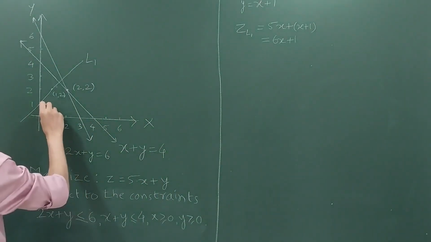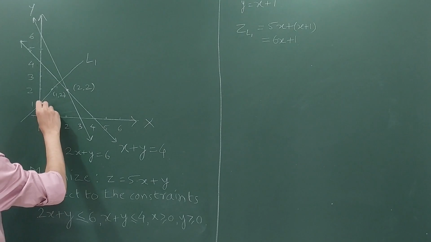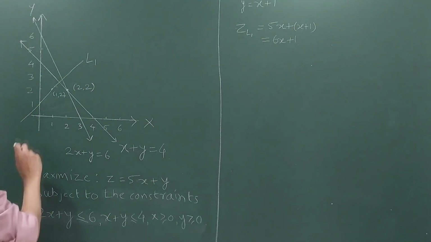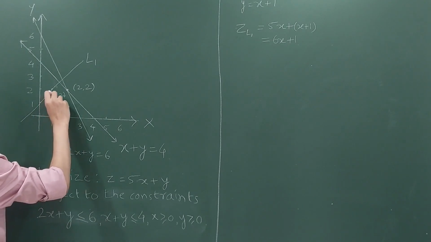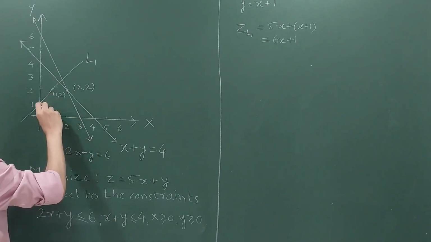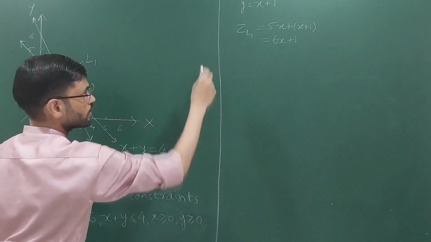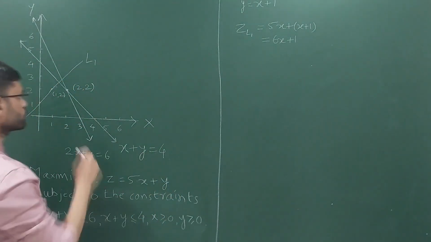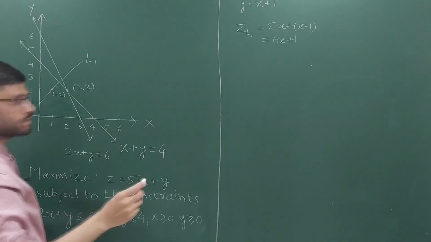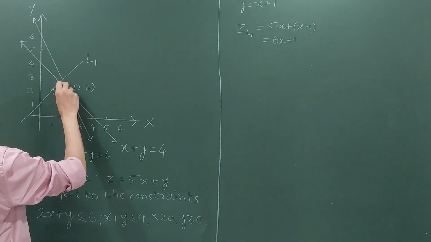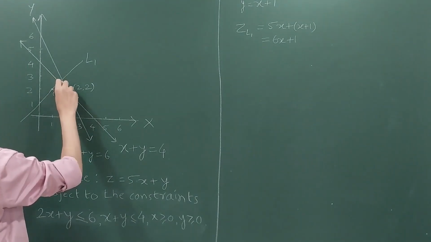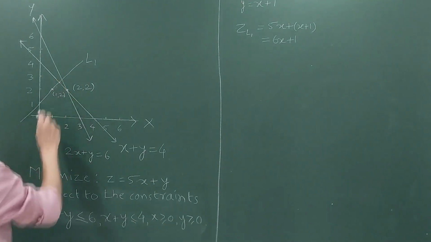Okay, so now on this segment, as we travel in this direction, the x coordinates of the points increase, and therefore the value of the objective function also increases, and therefore the maximum is attained at the end of this segment, which lies on the boundary point over here.